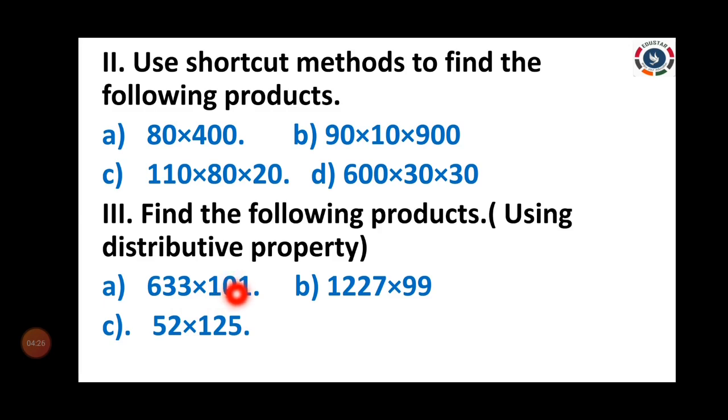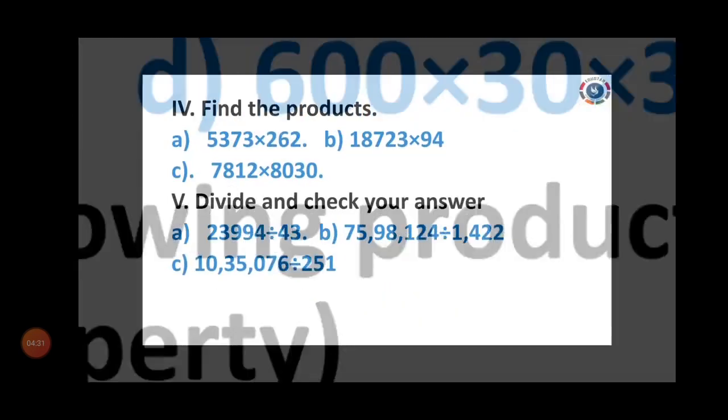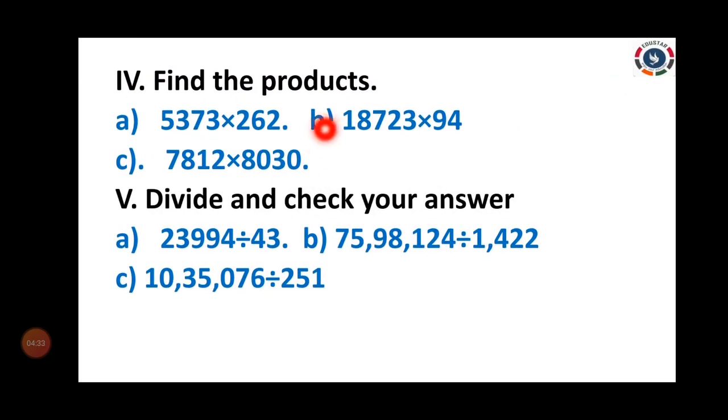If you have any other doubt, just go through your math class note. Then Roman letter 4. Find the products. A. 5373 into 262. B. 18,728 into 94. C. 7,812 into 8,030.